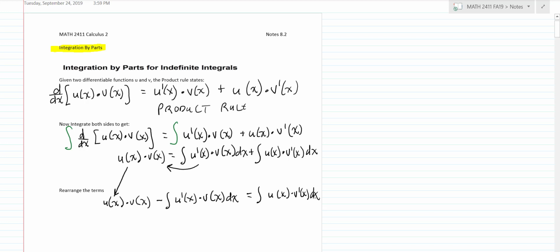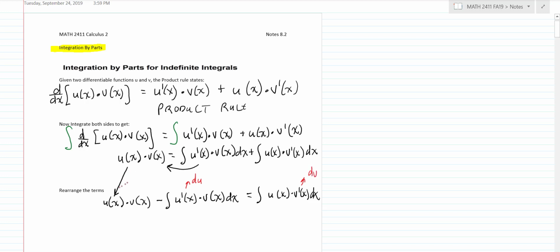Now I'm going to write this like this. Since this is a derivative, we're going to think of that as du, and on this, we're doing a derivative of v, so we're going to write that as dv.